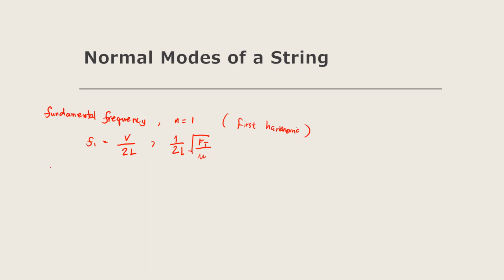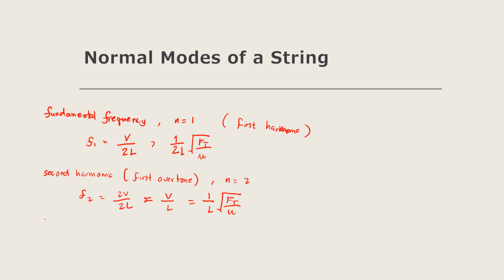Okay, and then we also have the second harmonic, which is often called the first overtone. This corresponds to n equals 2. Therefore, we have f sub 2 is equal to 2v over 2L, or just v over L. In terms of the tension and the mass per unit length, we have 1 over L multiplied by the square root of the tension divided by the mass per unit length.